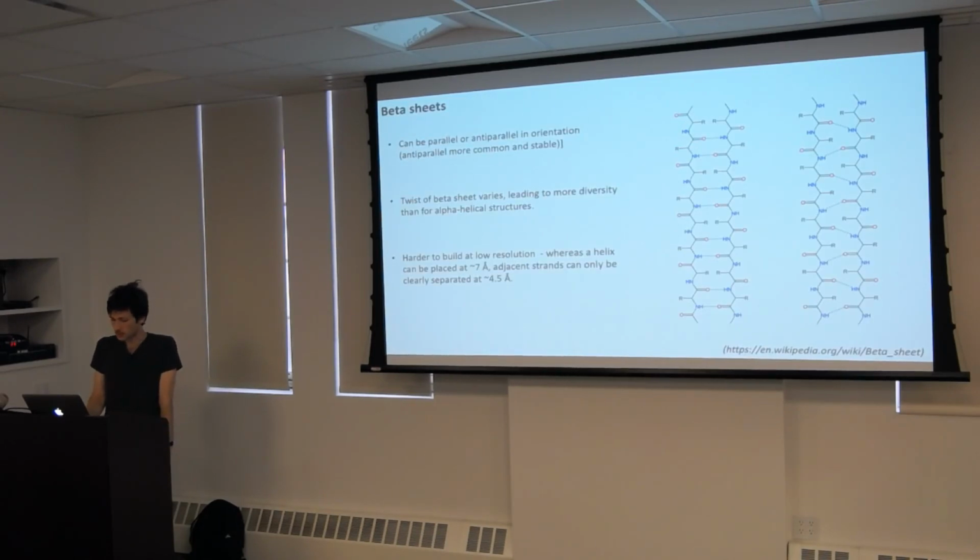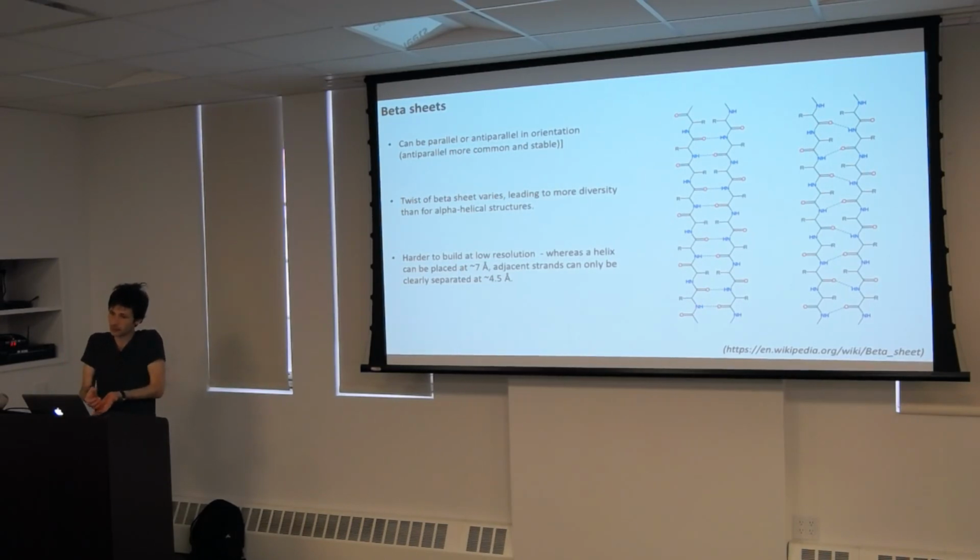So the other major type of secondary structure is, of course, the beta sheet, and these can be either parallel or anti-parallel in orientation, with different hydrogen bonding patterns in each case, which you can see described here. Anti-parallel sheets are more common, I can't remember by how much. These are a lot more difficult at low resolution to build than alpha helices, and the reason for that is that sheets twist.